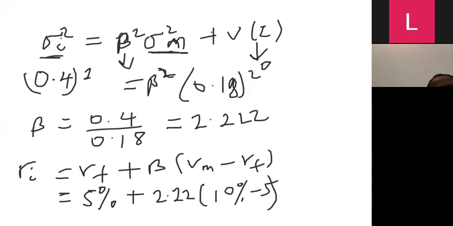So I'm going to have 5 plus 2.22 into bracket 10 minus 5, and that gives me 16.1%. So my RI is equal to 16.1%.